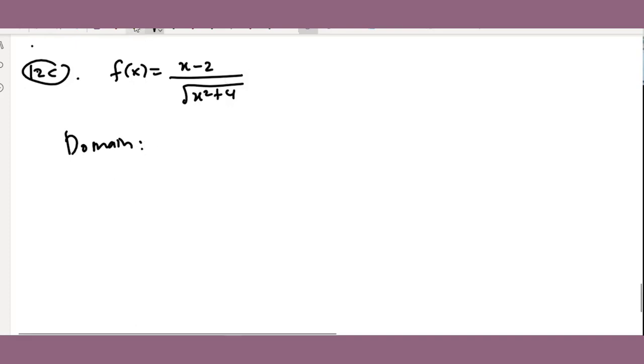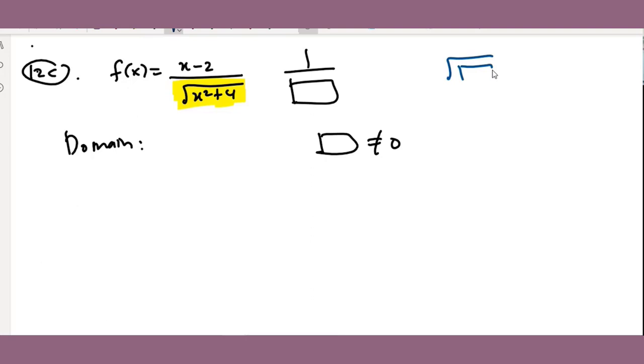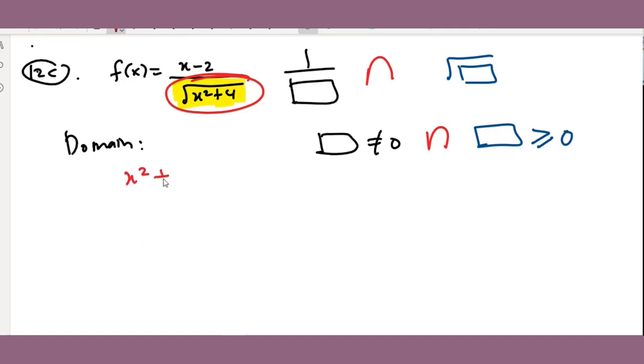Domain is, this is a ratio, so 1 over the ratio, and the ratio is not equal to 0. And then this one is under a square root. Under a square root is always more than or equal to 0. We intersect them, so the domain is where x squared plus 4 is more than 0.